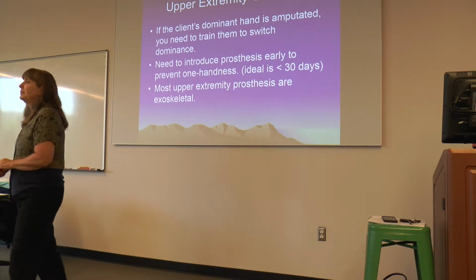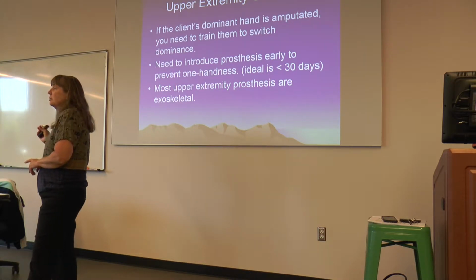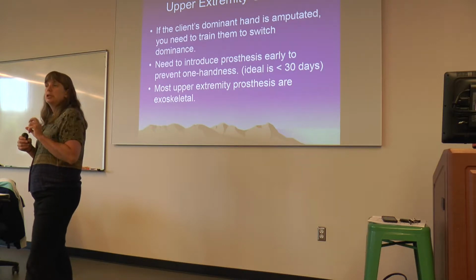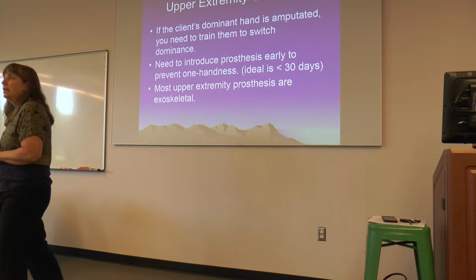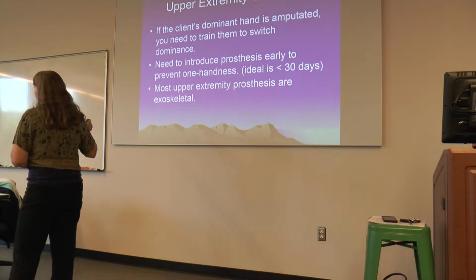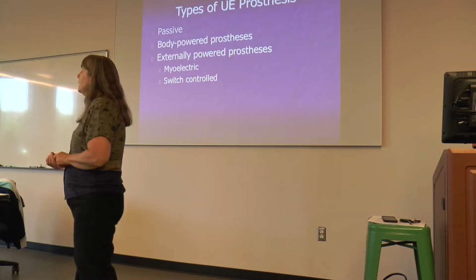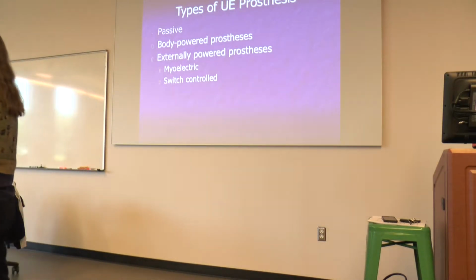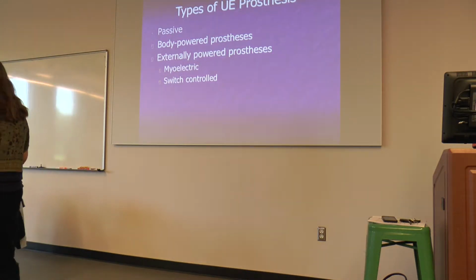Most upper extremity prostheses are exoskeletal, and that's because exoskeletal designs actually allow more anatomical suspension. So you will see more exoskeletal type designs in your upper extremities, and it's way more than you do in lower extremities. Alright, the main types of upper extremity prostheses are passive, meaning it is pure cosmetic and just kind of has no function.